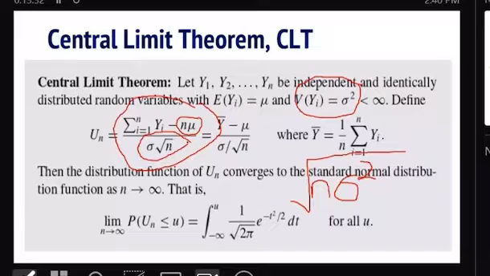When you take the square root of this, it is going to be the square root of n times the square root of sigma squared. Look at that. So the central limit theorem applies to the sum of random variables, and not only that, it also applies to the mean. Take a look at that. It applies to both.